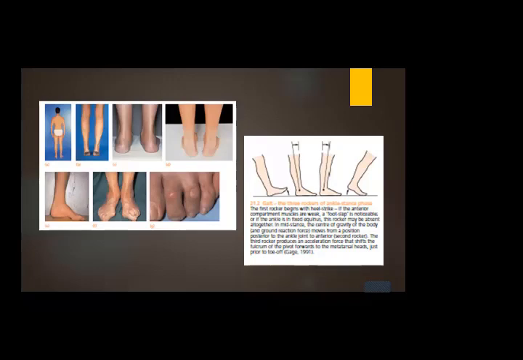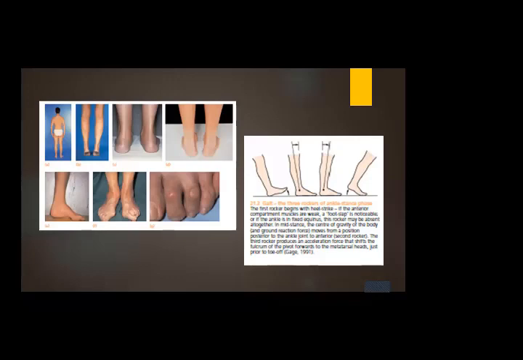Gait cycle normally comprises two phases: the swing phase and the stance phase. 60% of our gait constitutes stance phase, while 40% is swing phase. Stance phase is further divided into intervals.